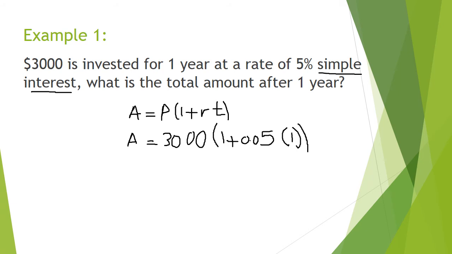And we put this expression the same way we see it in the calculator to find the final answer. And the final answer is going to be $3,150. So the final amount of money after using simple interest for 1 year is $3,150.